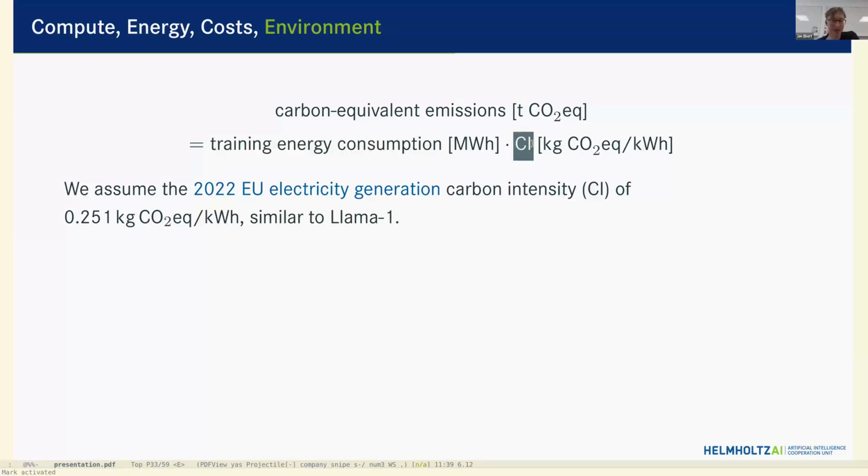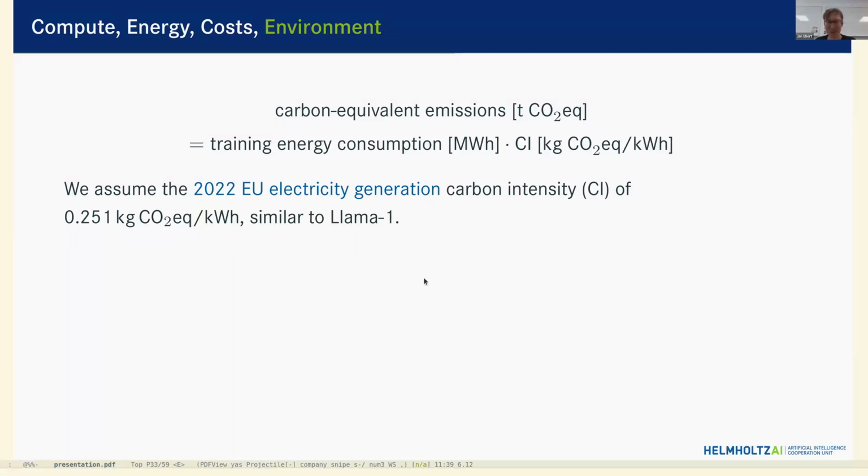I'm not a physicist, I have no idea what this exactly means, but I believe that it's how much carbon is emitted to do a certain task. And for the 2022 European Union electricity generation, this carbon intensity is around 0.251 kilograms of CO2 equivalent emissions per kilowatt hour.